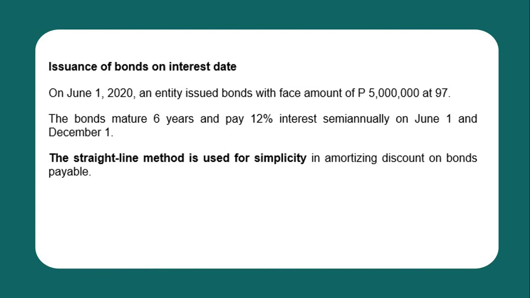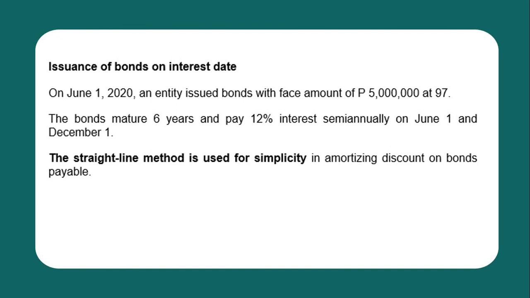Okay? Next will be issuance of bonds on interest dates. On June 1, 2020, an entity issued bonds with a face amount of 5 million at 97. What do we mean by issuance of bonds on interest date?